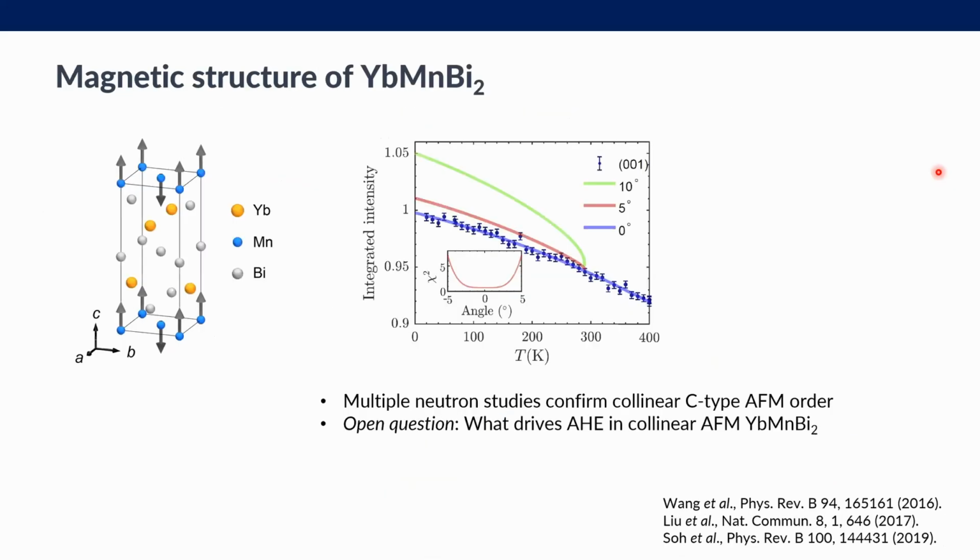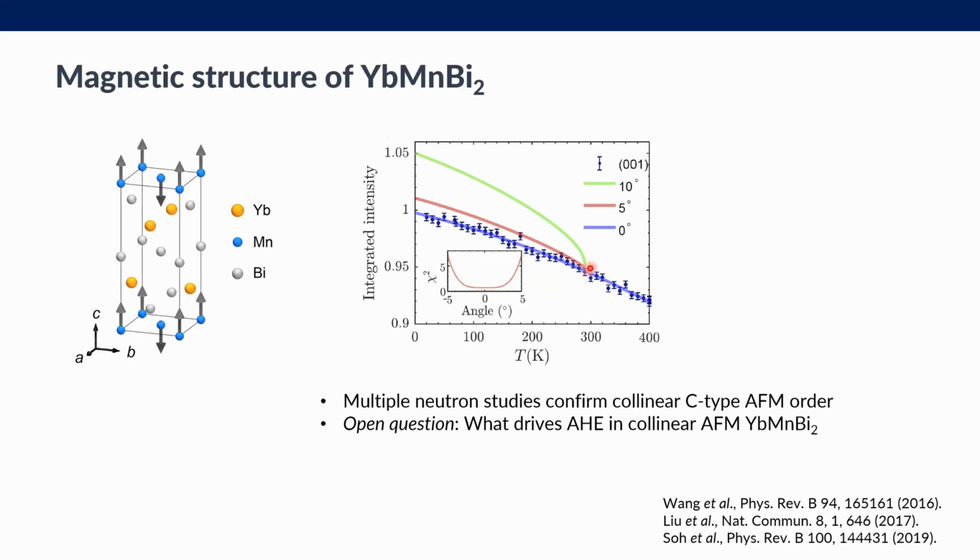To address this issue, several neutron diffraction studies have been carried out. They all consistently find that the spin structure is strictly collinear. There is no spin canting in the AB plane. In one of the studies shown here, they measured the temperature dependence of the 001 peak, which is probing the AB plane moment.